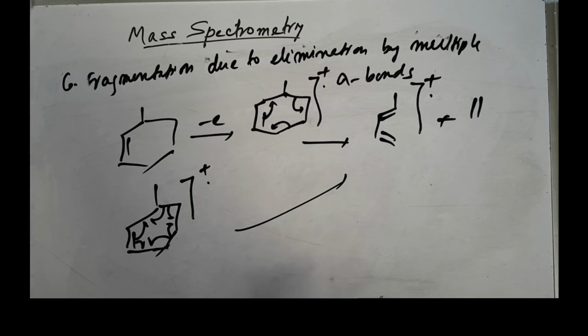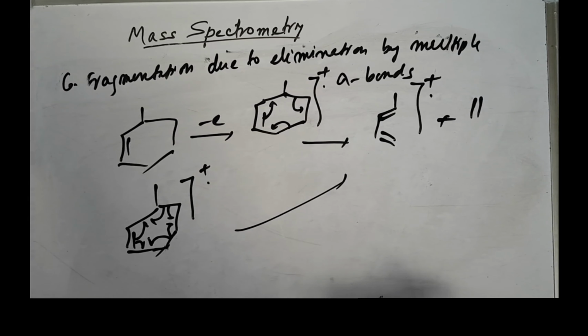So in summarizing, the principle of mass spectrometry is that the basis of mass spectrometry is the bombardment of high energy electrons on the neutral molecules to give molecular ions, then subsequent fragmentation takes place to give the fragment ions. So by studying these molecular ions and fragment ions, we know the structure of the compounds.